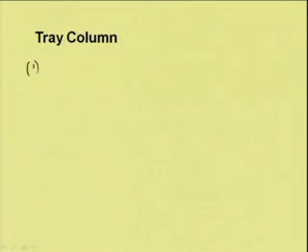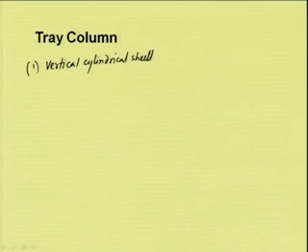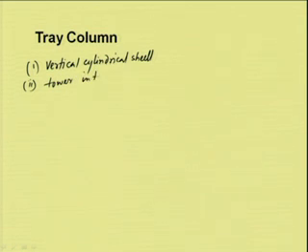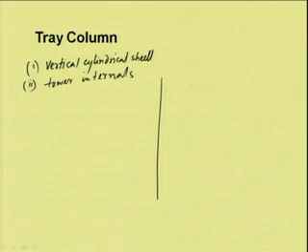One is the vertical cylindrical shell, and the second one is the tower internals. So, let us see the design, as we have also discussed earlier in module 2, the gas absorption equipment.